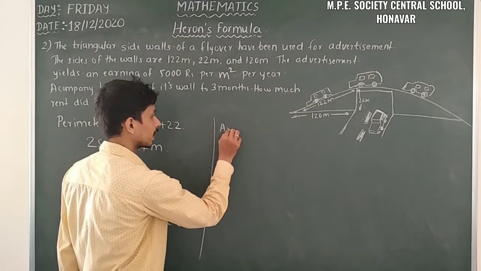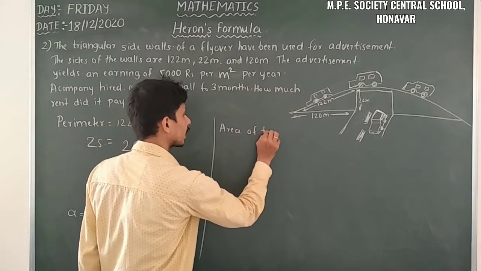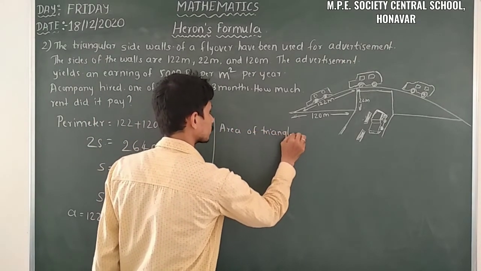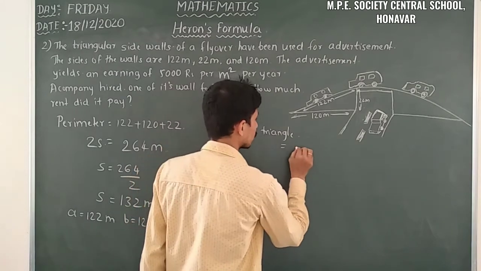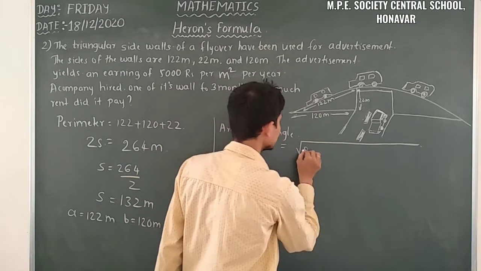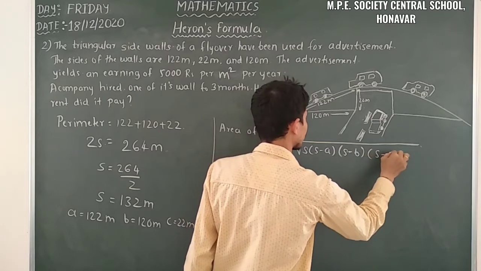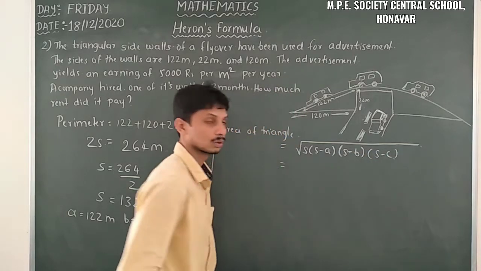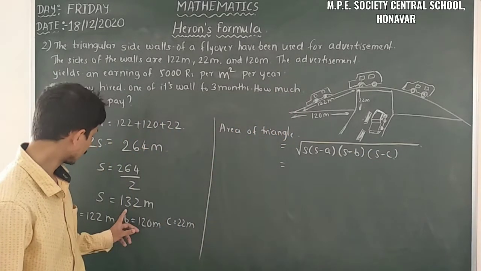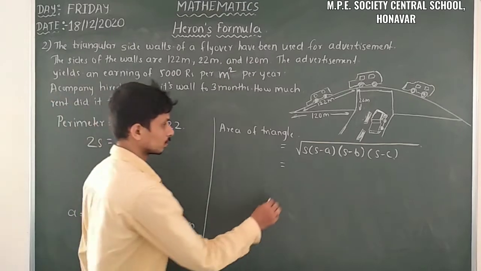So area of this triangle is equal to square root of s into s minus a into s minus b into s minus c. So what's the value of s here? So value of s is 132.